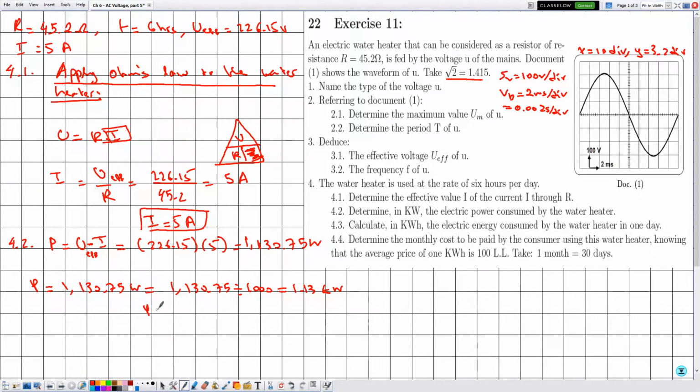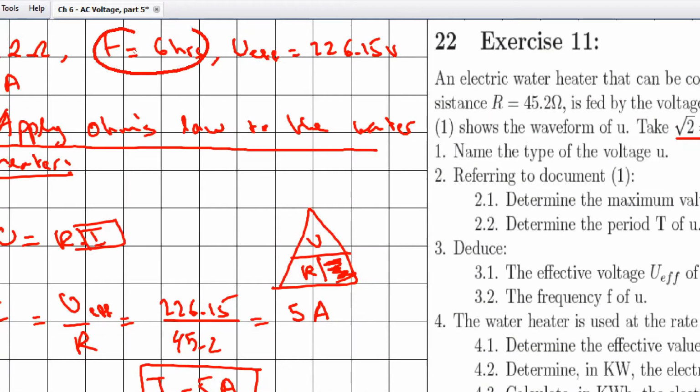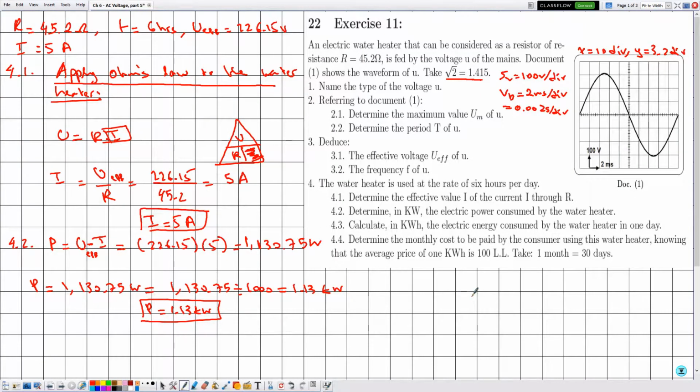So the value of P is given by 1.13 kilowatts. And here, because we have determined the value of P in kilowatts and we already have the value of T in hours, it seems that we are interested in determining the electric bill. So let me write on the scratch the different steps that we usually follow in order to determine the electric bill.